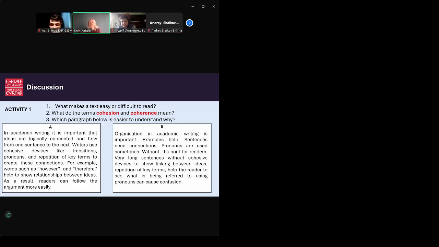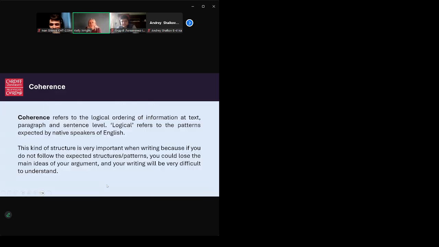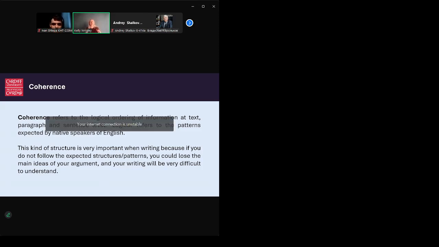Let's have a look. So this is pretty much what you said, really. This can actually be quite cultural, because logical can be different for different cultures. For example, in Chinese academic texts, there isn't the same expectation of the writer to make it easy for the reader to understand.